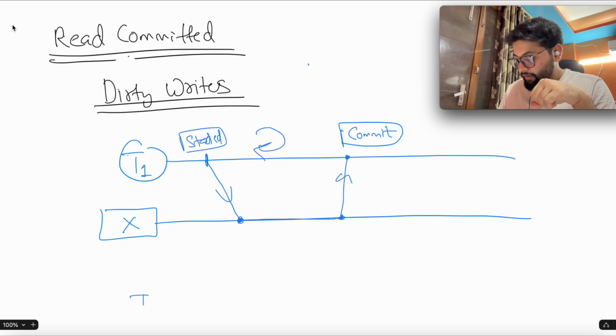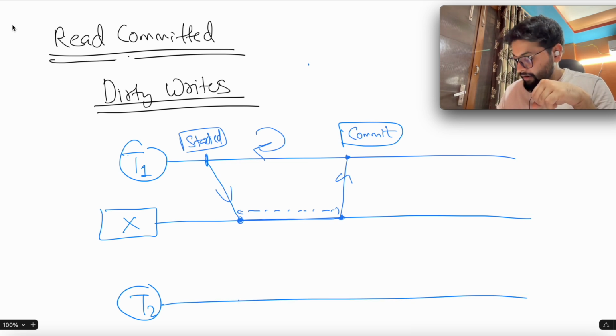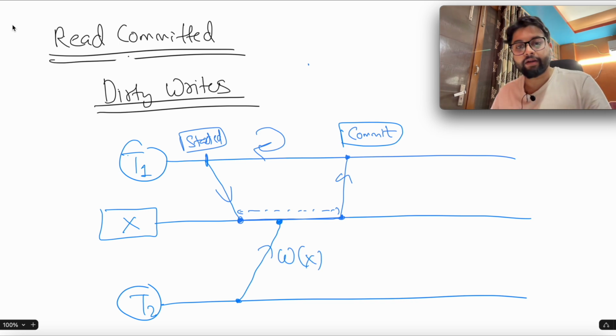Now, during this phase, if a transaction T2 comes up and tries to perform a write on data item X, then it should not be allowed to perform a write on it, because at this point data item X is in an uncommitted state. It is currently held by transaction T1, which is performing some operation on it, and it will commit at a later point of time.